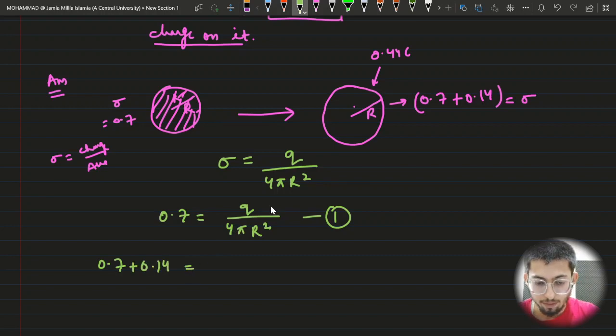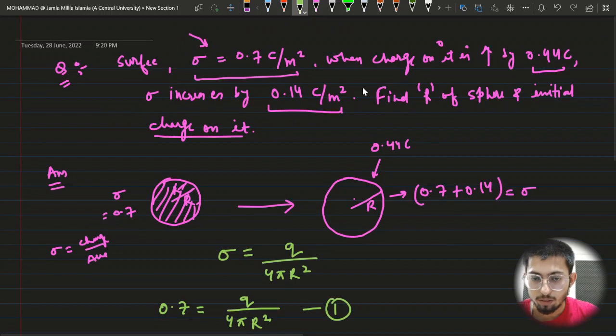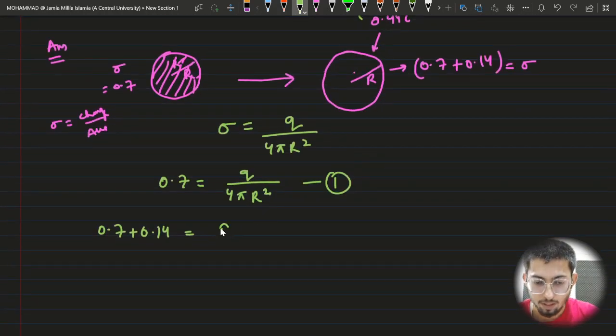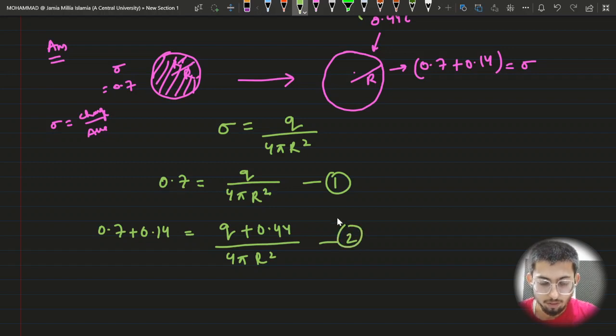And the charge is increased; 0.44 is additional given to us. The charge will be q plus 0.44 upon 4 pi r square. This is the second equation.